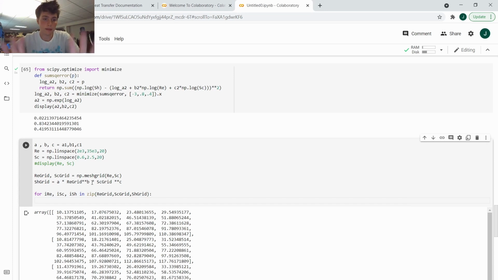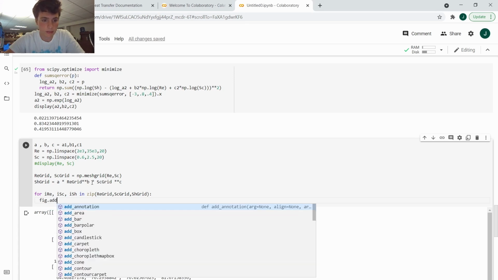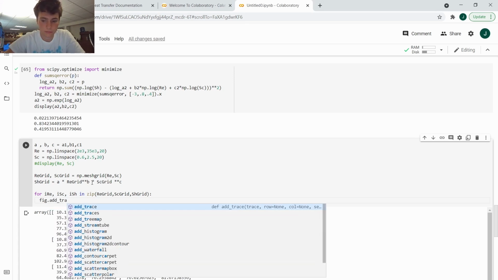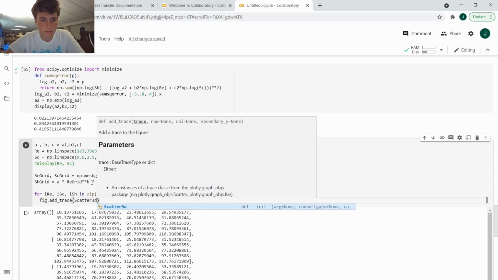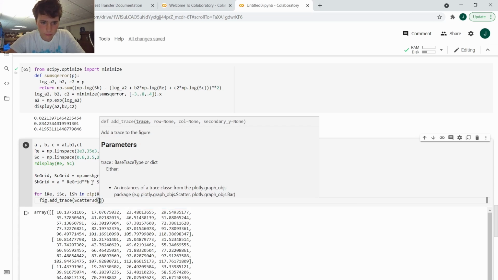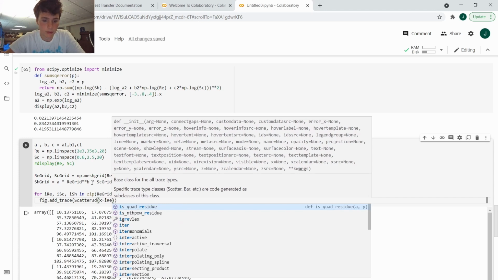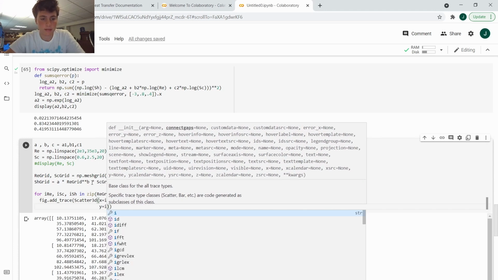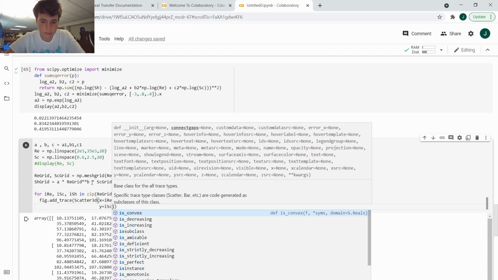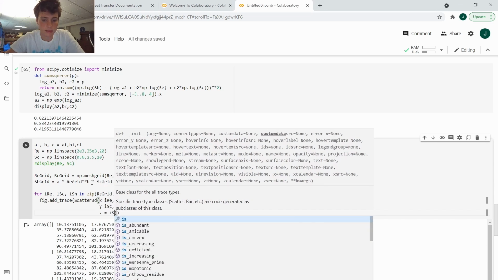So for each one now, we go off and graph it. So we're going to say figure dot add trace. We want a scatter 3D plot, just like before, where X is going to be our instance of the Reynolds, Y is going to be the instance of Schmidt, and Z is going to be equal to the instance of the Sherwood.